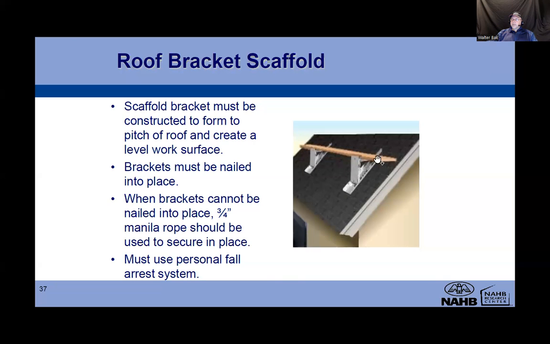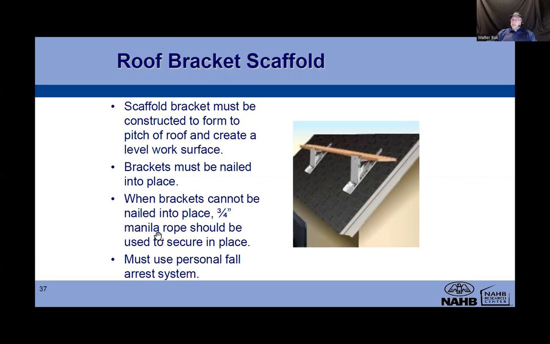Whatever the angle of the roof is, the scaffold bracket must accommodate the pitch of the roof. What's the pitch? It's the angle the roof is on. Because you need to have a level surface right here.